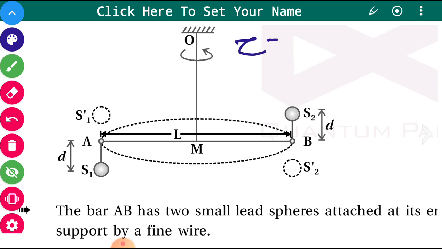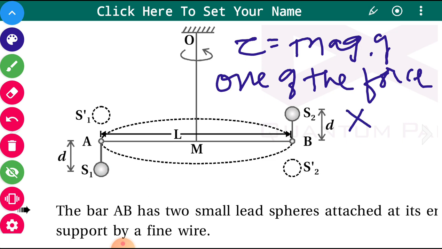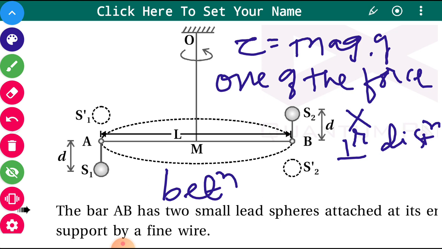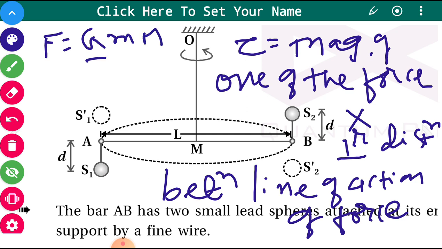Couple or torque is nothing but the magnitude of one of the forces multiplied by the perpendicular distance between the lines of action of the forces. So the magnitude of force we have just written, F is equal to G capital M into small m upon r square, multiplied by the perpendicular distance.